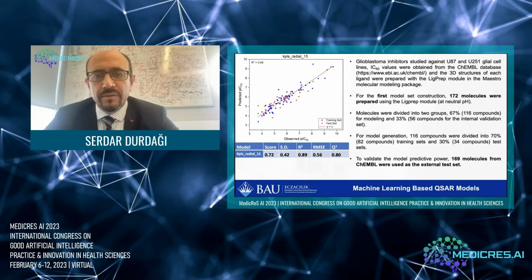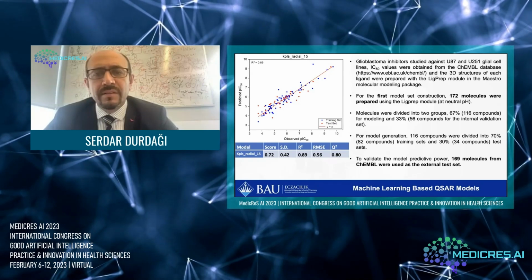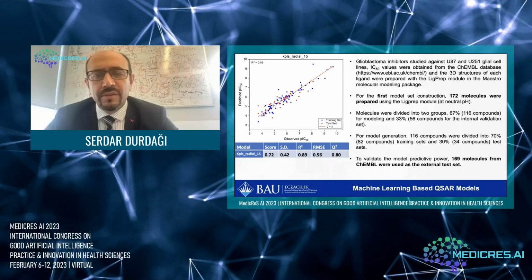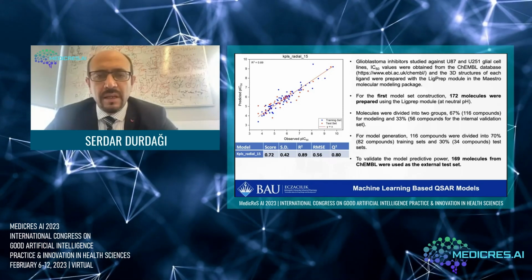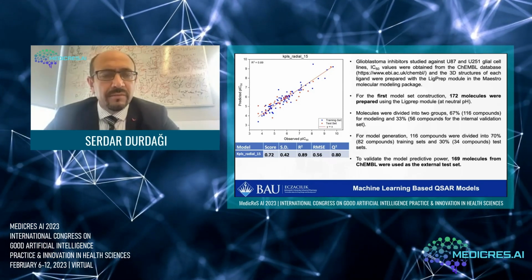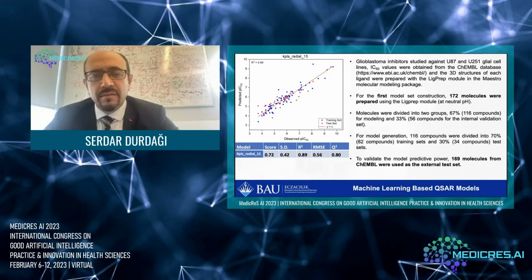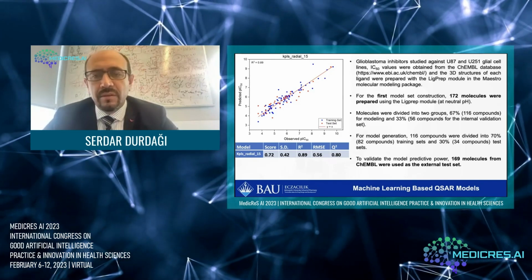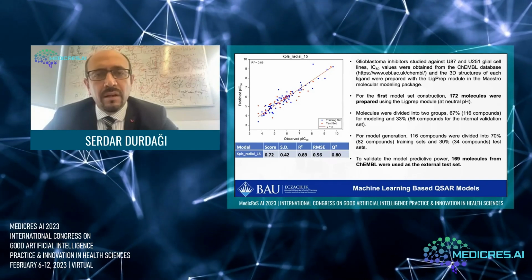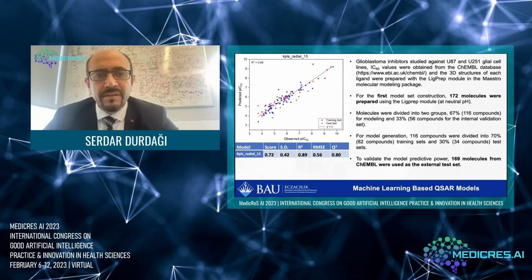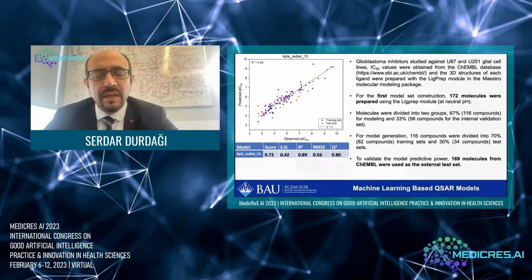For model generation, these 116 compounds were divided 70% to 30% into training and test sets. To validate the model, we also used external test sets. For this, we collected 169 molecules whose IC50 values we know from the ChEMBL database against the U87 cell line.